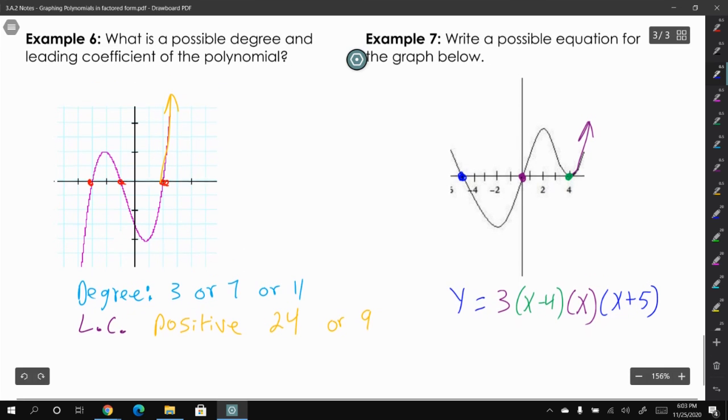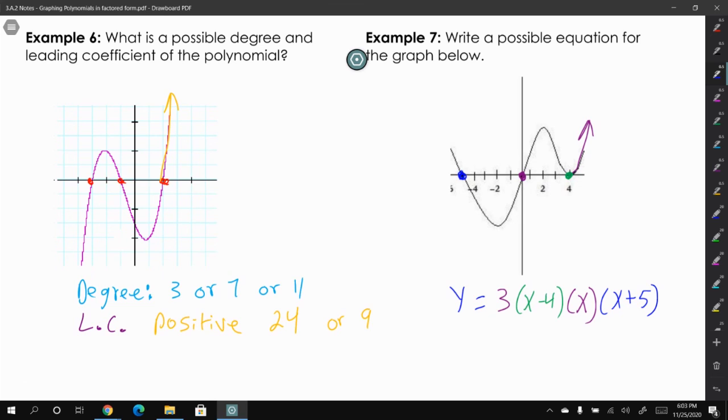Now you may be checking this and saying, hey, this only has a degree of 3, and the ends are going in the same direction, they're both going up. And that's correct. Like we have to do something else here. This 4, 0, that x-intercept, our graph bounces off the x-axis there. So what that means is that the multiplicity must be even.